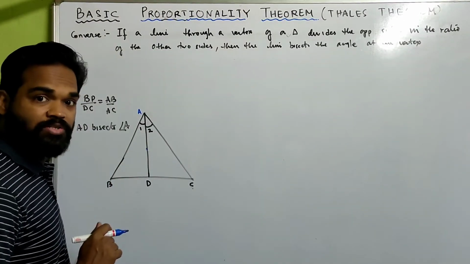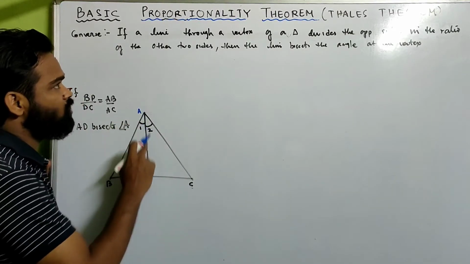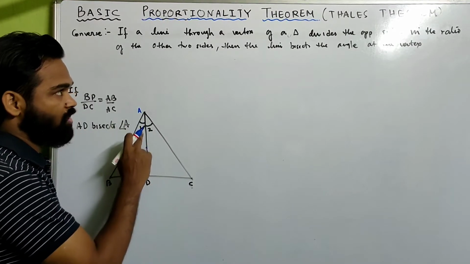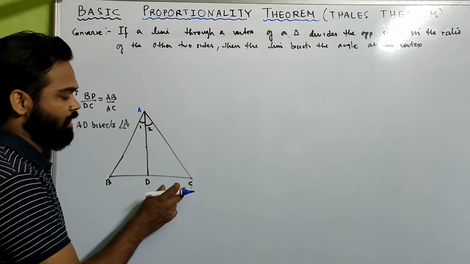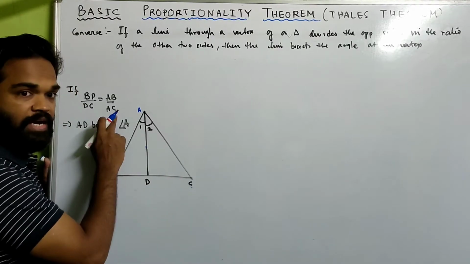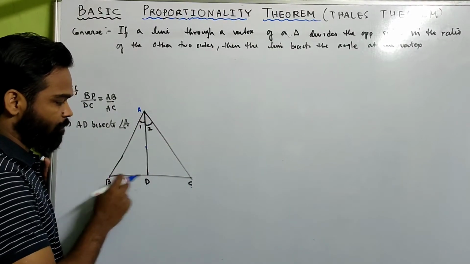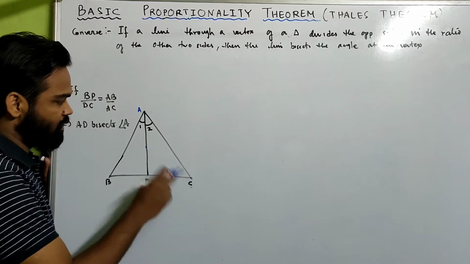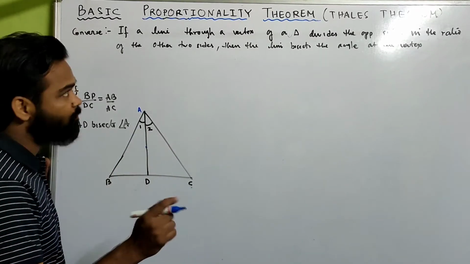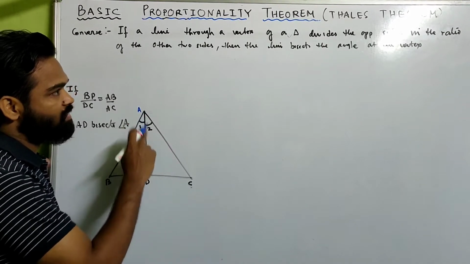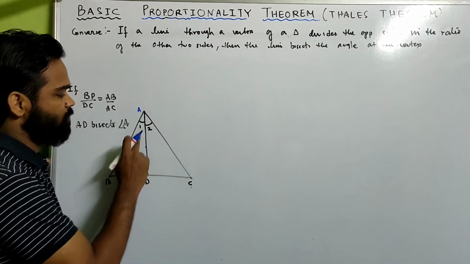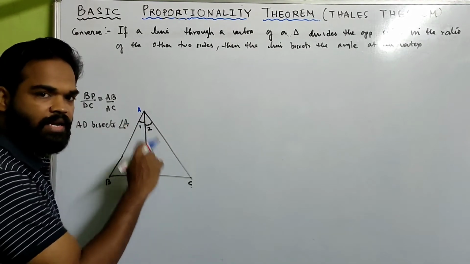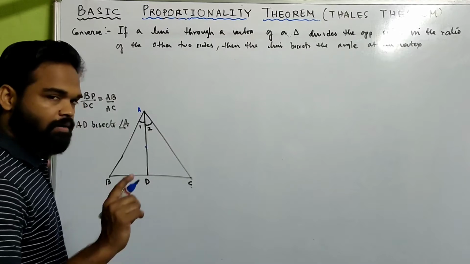Now let us see the converse of this theorem, which says that if a line through the vertex of a triangle divides the opposite side in the ratio of the other two sides, which means if AD divides BC in such a way that BD by DC is equal to AB by AC, then the line bisects the angle at the vertex, which means 1 and 2 are equal. AD bisects angle A. Let us prove this.